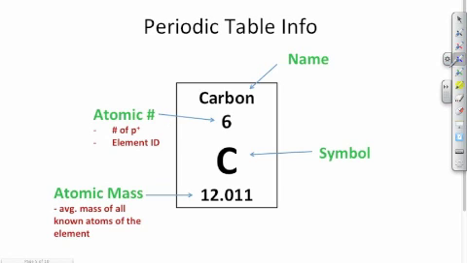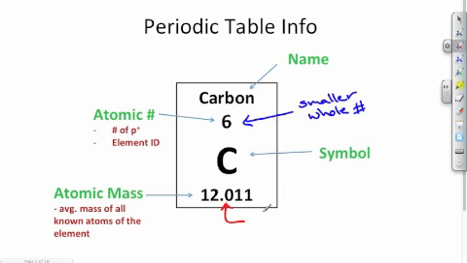This is always a whole number, always a smaller whole number. Okay? And the reason why I say that is because there is another number that's usually in an element's block on the periodic table, and that's a number that has a decimal in it.